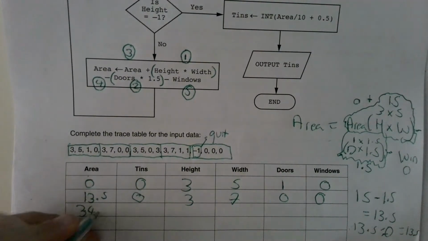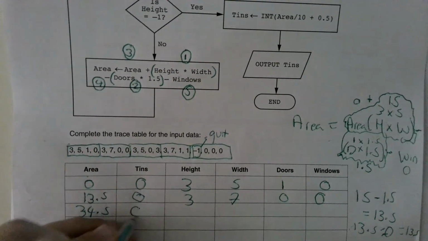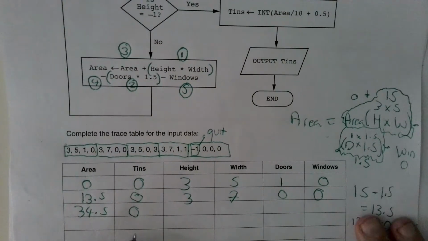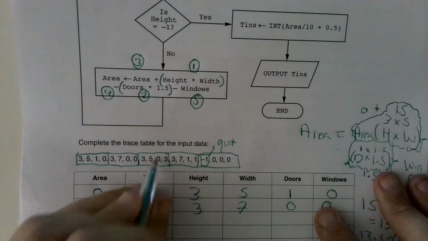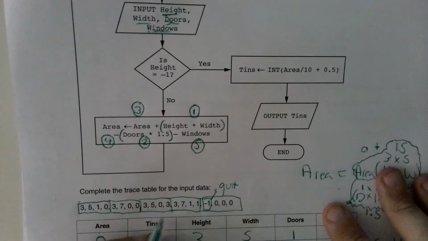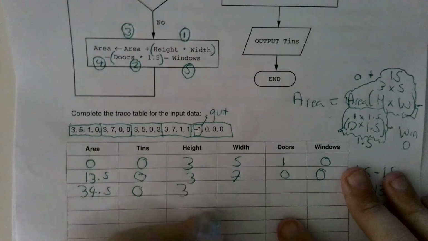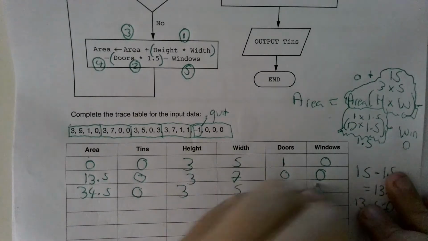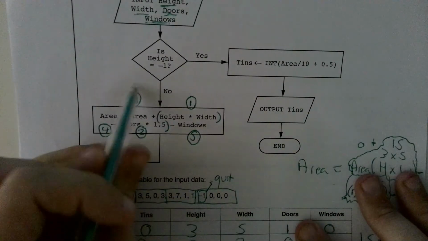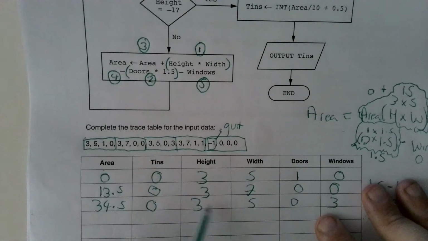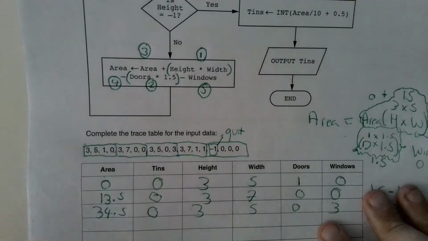Now, we enter in the next group. So we go through the flowchart, we enter in the next group. So the next group of numbers go as 3, 5, 0, 3. Nice and simple. On the flowchart, is height -1? Well, no, it's 3. So we carry on, we go down to the calculation. And then we do our calculations again. So 3 times 5 is 15, so we've got that.